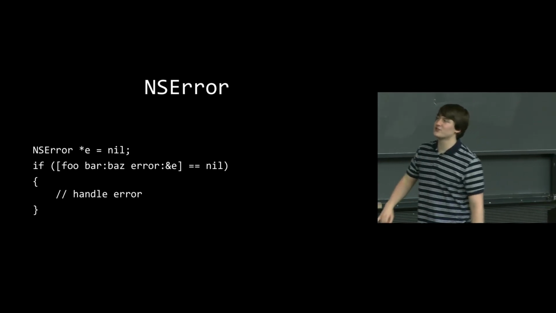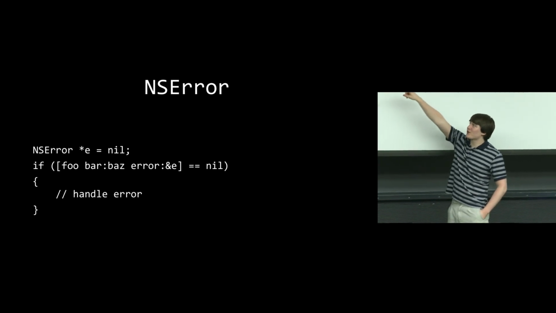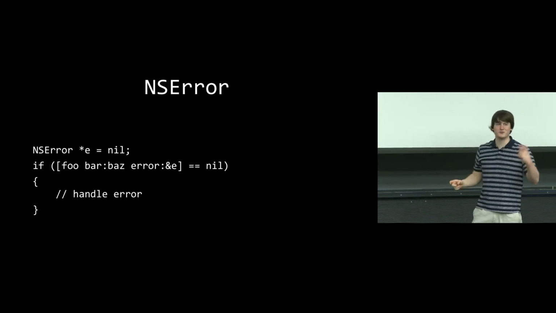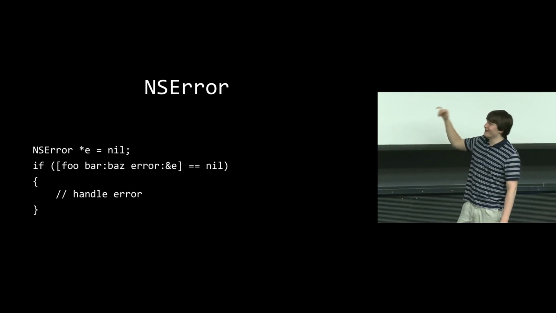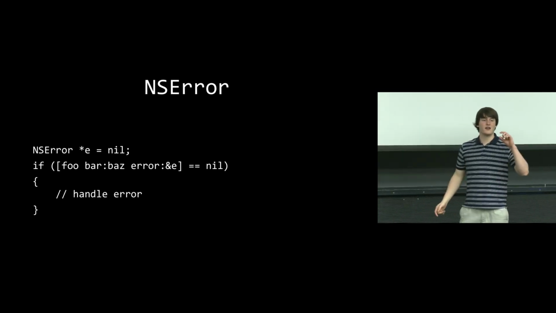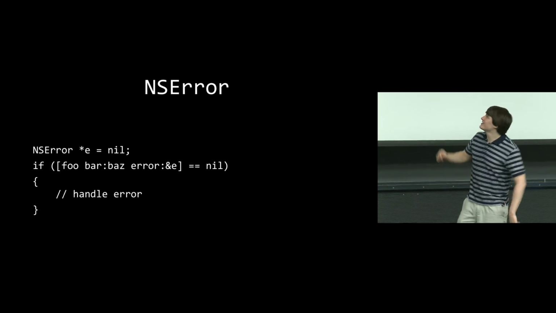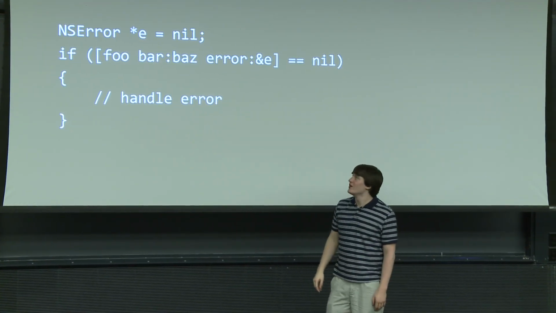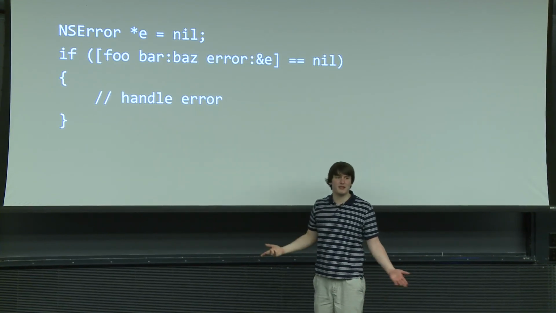We are passing the address of this NSError so that if something goes wrong when we pass the method bar:error: to foo, then foo will instantiate an NSError object and set E to be that NSError object. So inside of here, if something went wrong, E will not be nil.